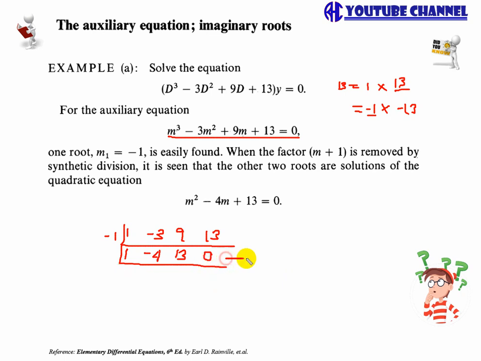Okay. Kapag isulat natin to into the auxiliary equation, di ba from m cubed, magiging m squared na lang yan. Kasi nabawasan na ng isang root. Minus 4m plus 13 is equals to 0. Okay. So, mahirap natin yan ma-factor.